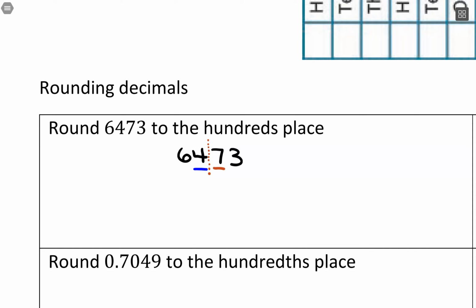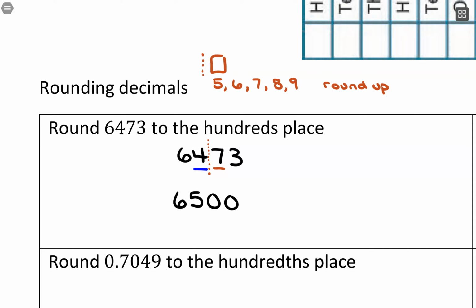So that number to the right-hand side, if we have this line and then some number there, if that number is 5, 6, 7, 8, or 9, we round up. So what that will look like is I'll have 6, the 4 is rounding up, so that bumps up to a 5, and then everything else turns into zeros.